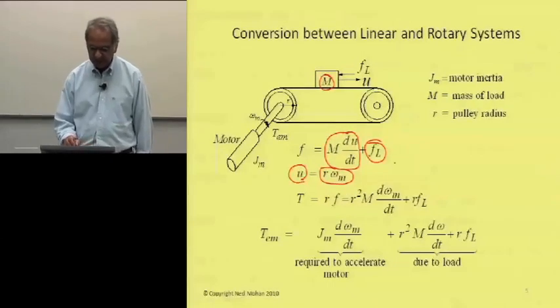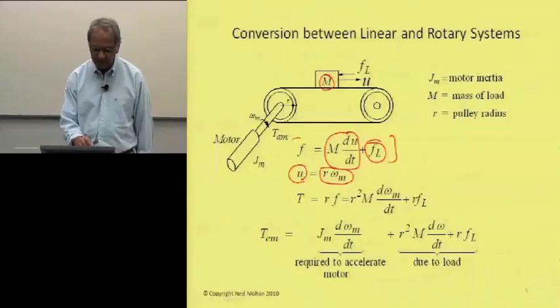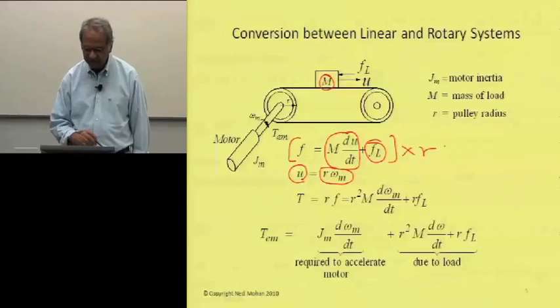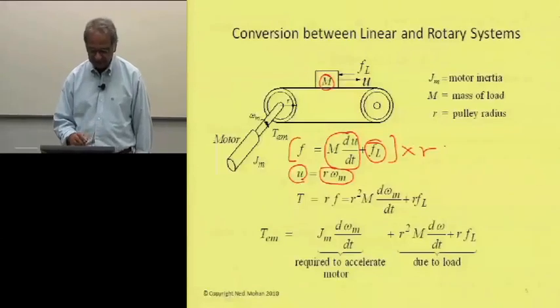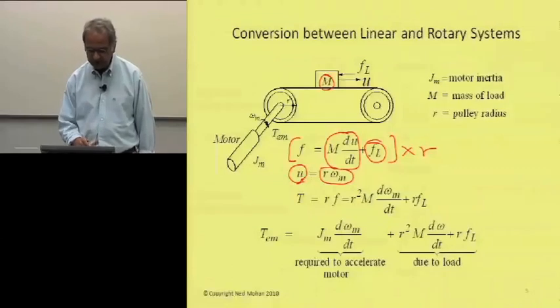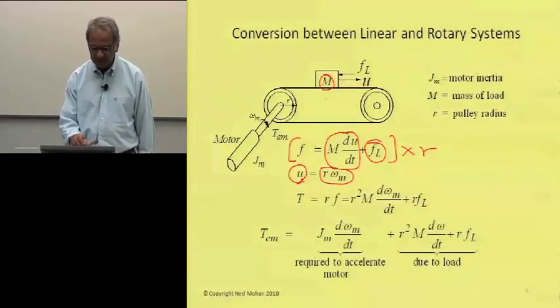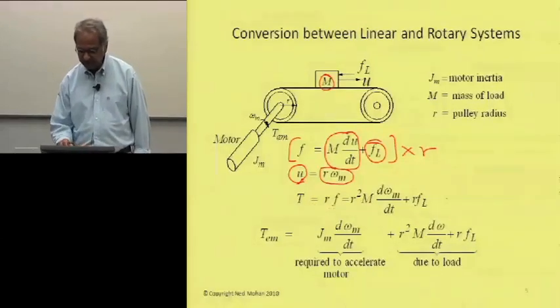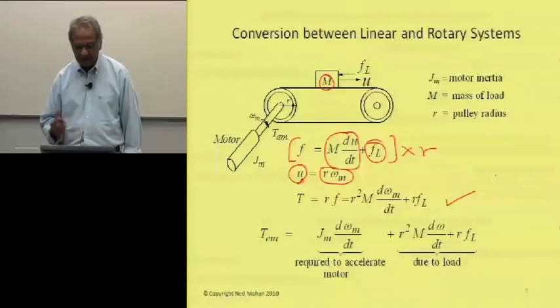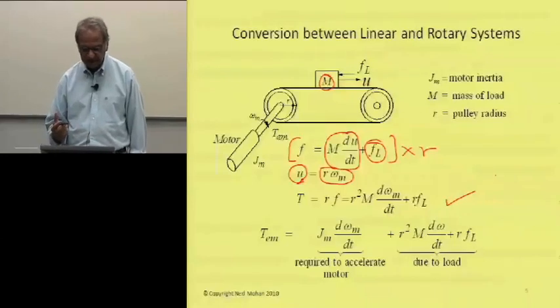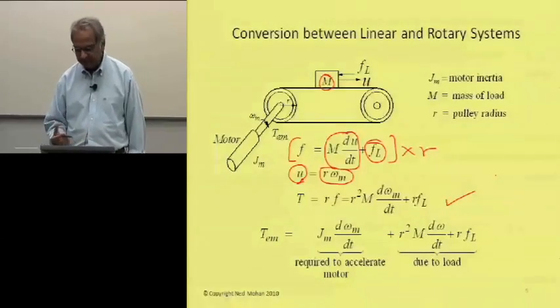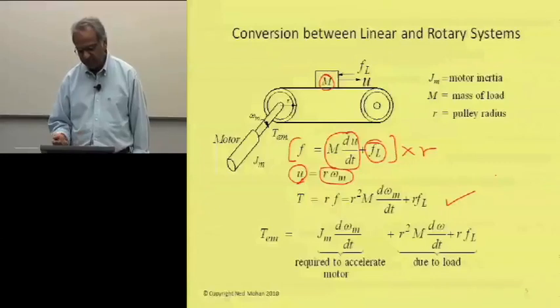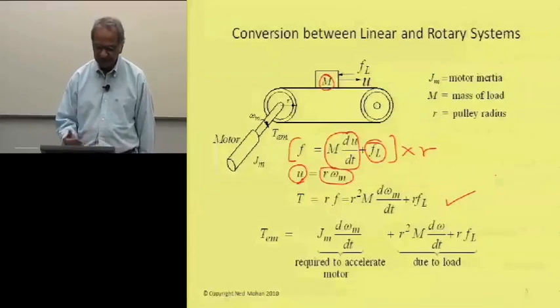If you multiply this side by r, which is the radius of this pulley, and make use of u equal to r omega m, the torque that is needed from this motor for this mechanical system is given by this expression over here. That's the force, and then what is reflected onto the motor.